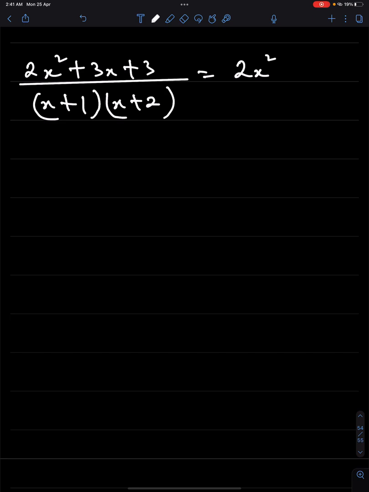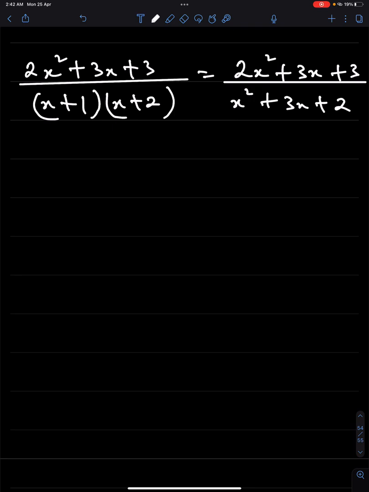I want to write the expansion of the denominator. 2x squared plus 3x plus 3 over x squared plus 3x plus 2. That's the denominator. Now, I want to divide the numerator by the denominator.